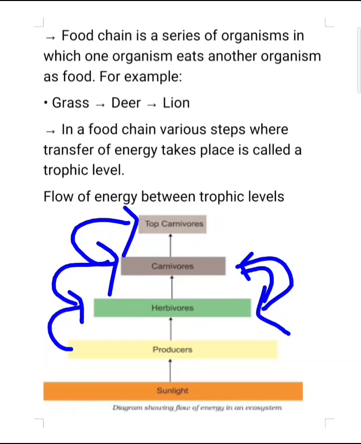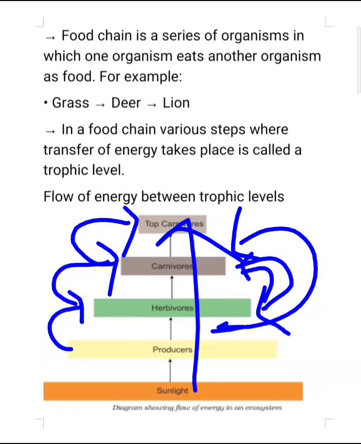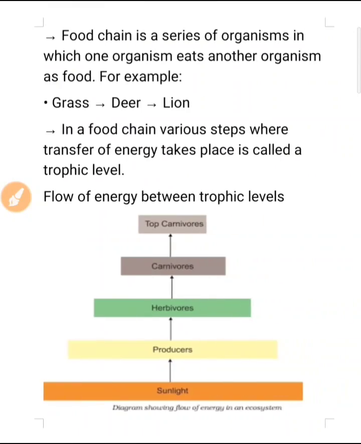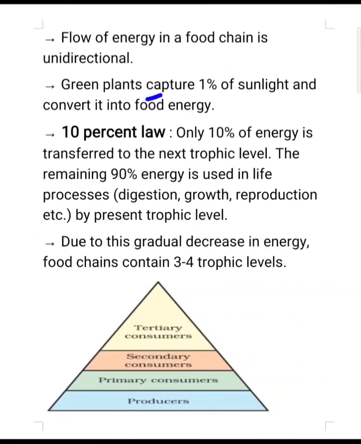No, because herbivore animal can't eat the carnivore animal, simply. So we can say that the flow of energy is always unidirectional. Okay. And so green plants capture 1% of the sunlight and convert it into food energy. As I told you, of the sunlight which is released from the sun, only 1% is used by the green plants to prepare their food.